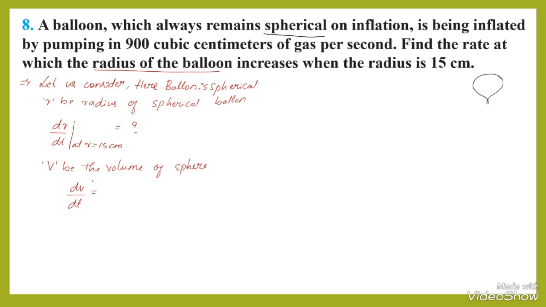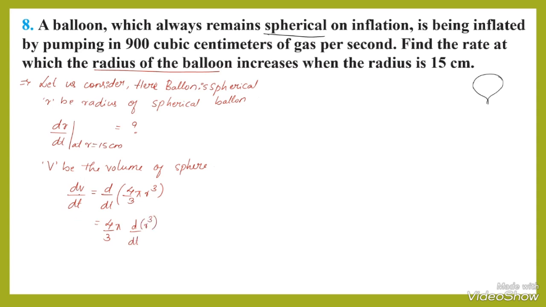The volume of the sphere is 4 by 3 pi r cube. Here 4 by 3 pi is constant, I will take it outside, and differentiate r cube with respect to time.